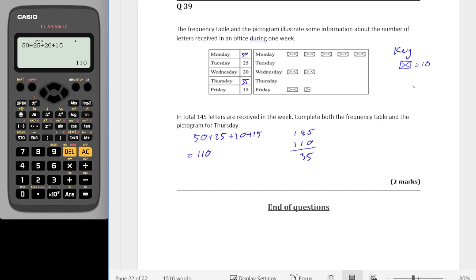So following on from that, we can draw Thursday's total as 3 full envelopes, 1, 2, 3, and half an envelope, which I'm going to draw like half a square with a V in it. And there we go.